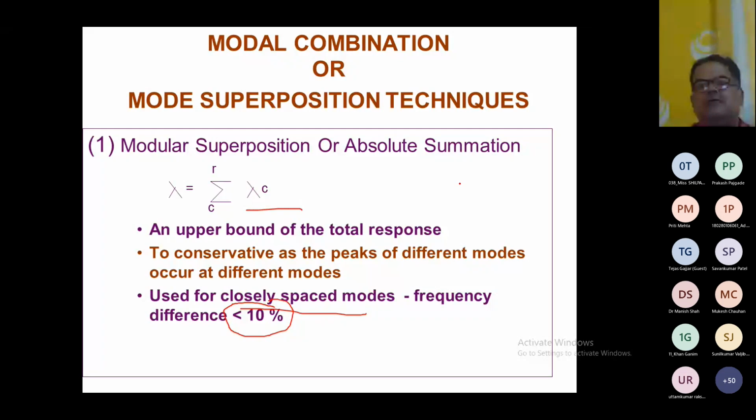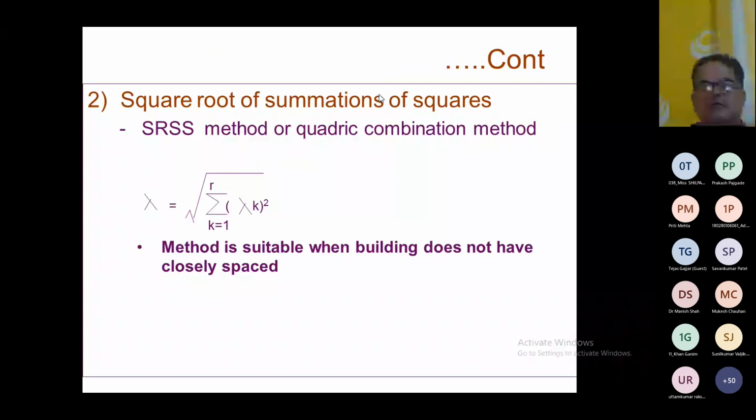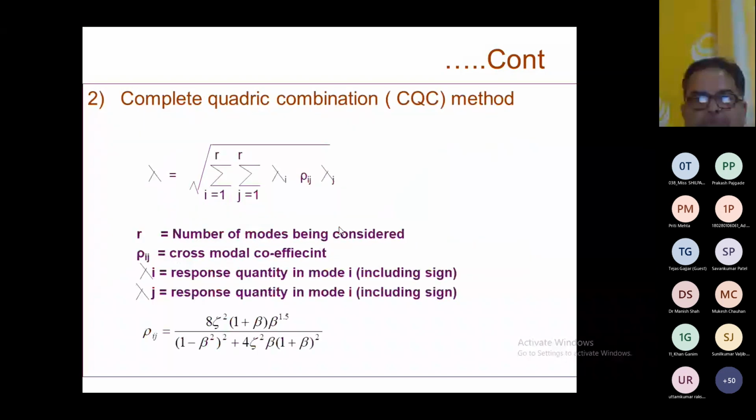So absolute summation can be done as far as mode is concerned. And if they are not closely spaced, we go for the SRSS, square root of sum of squares, for the mode combination. And there is the complete quadratic combination, which can be applied to any case, right?